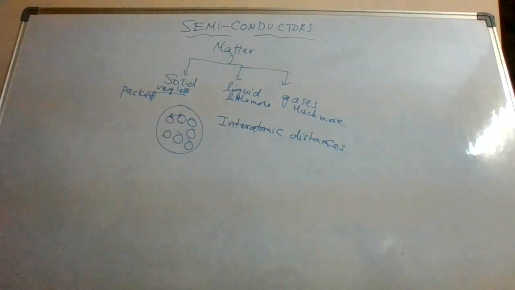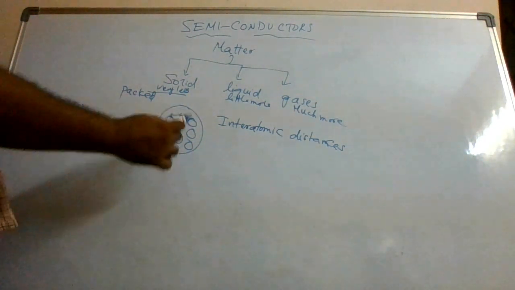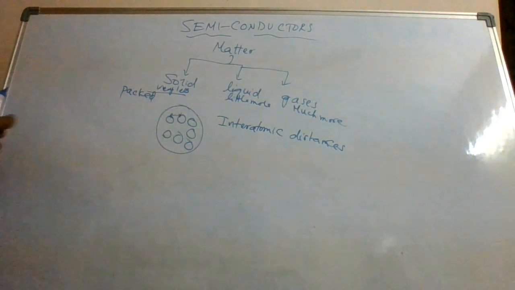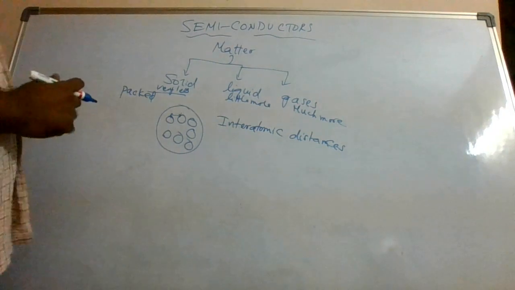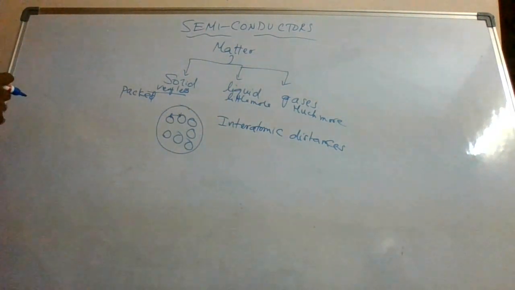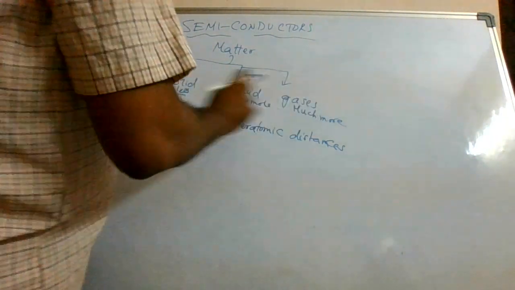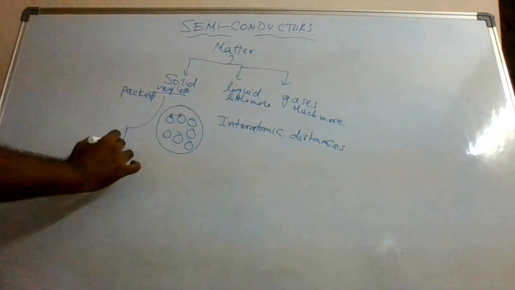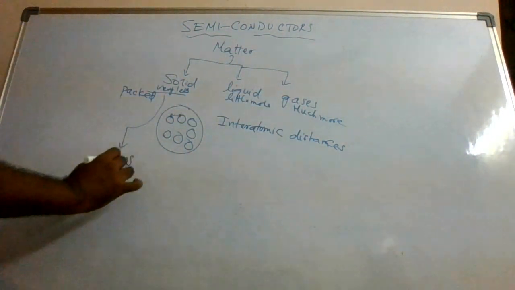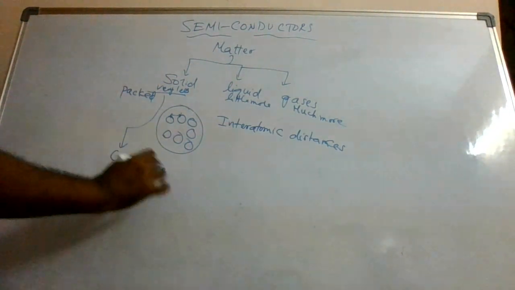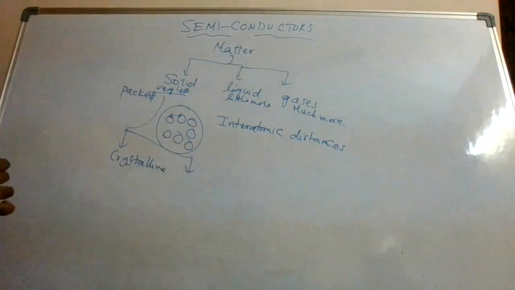When you take a sample, the sample can have numerous atoms. Solids can again be classified into crystalline and amorphous.